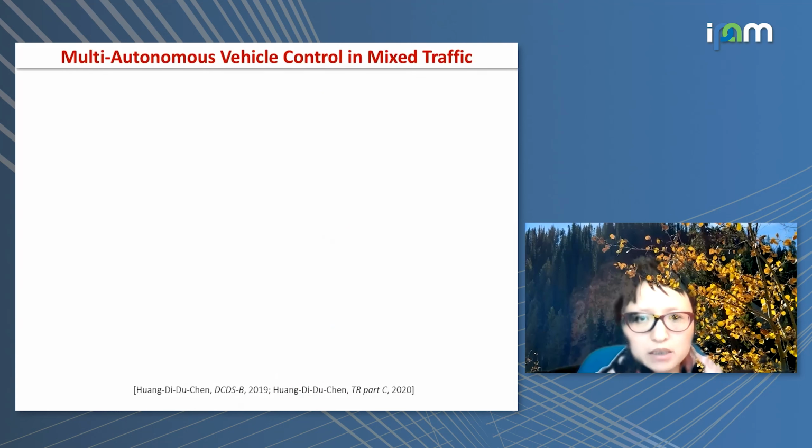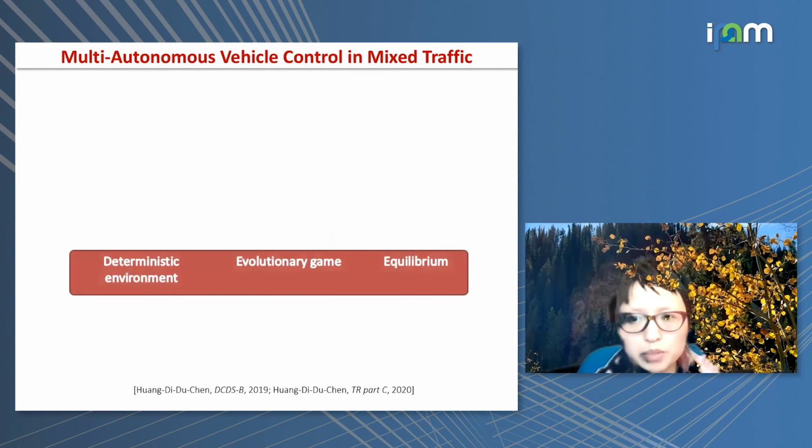So you may ask why we want to look at both the mean field game and also learning-based game. Because for mean field game or any game theory we use so far, they are all prescriptive or normative models. So they describe how AVs are supposed to drive in the environment, and usually they deal with a deterministic environment.